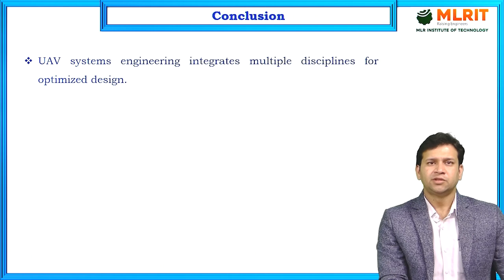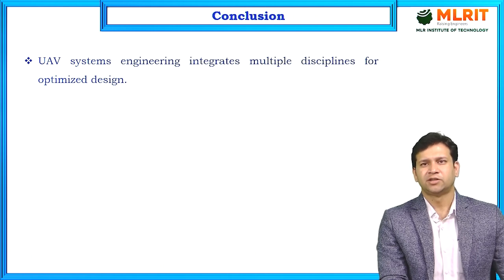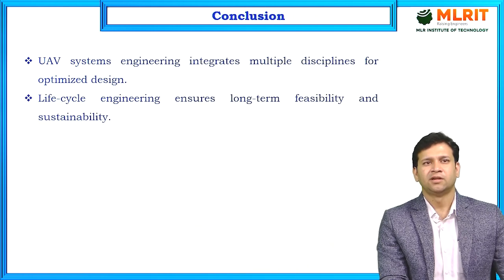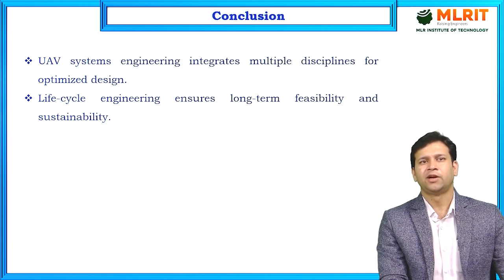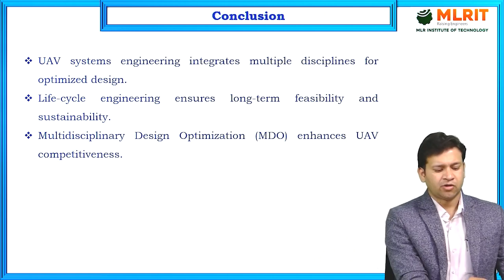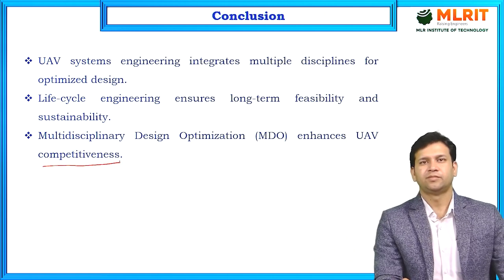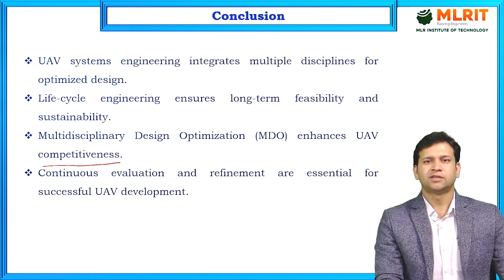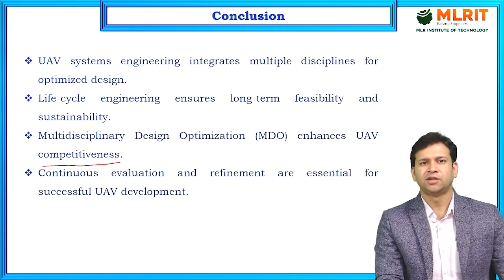UAV systems engineering integrates multiple disciplines for optimized design. Life cycle of the engineering ensures long-term feasibility and sustainability. Multidisciplinary design optimization enhances UAV competitiveness. Continuous evaluation and refinement are essential for successful unmanned air vehicle development.